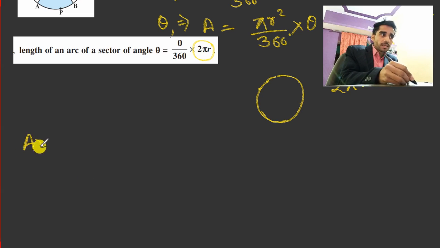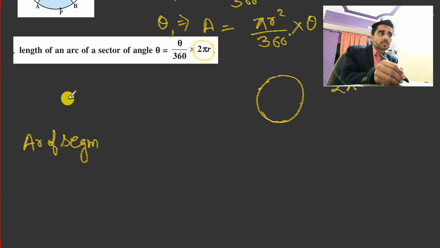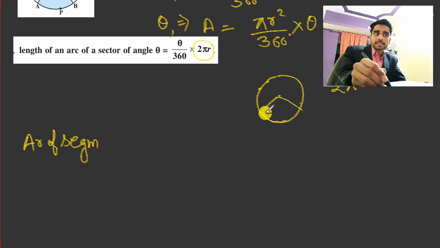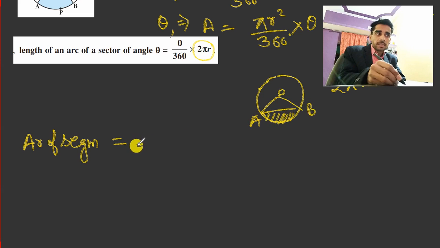segment. Area of segment. Okay, for example, this is a circle, this is the center, it is a sector, and this portion I am giving the name segment AOB. If we have to find out this shaded portion, the segment, then how will we find it?